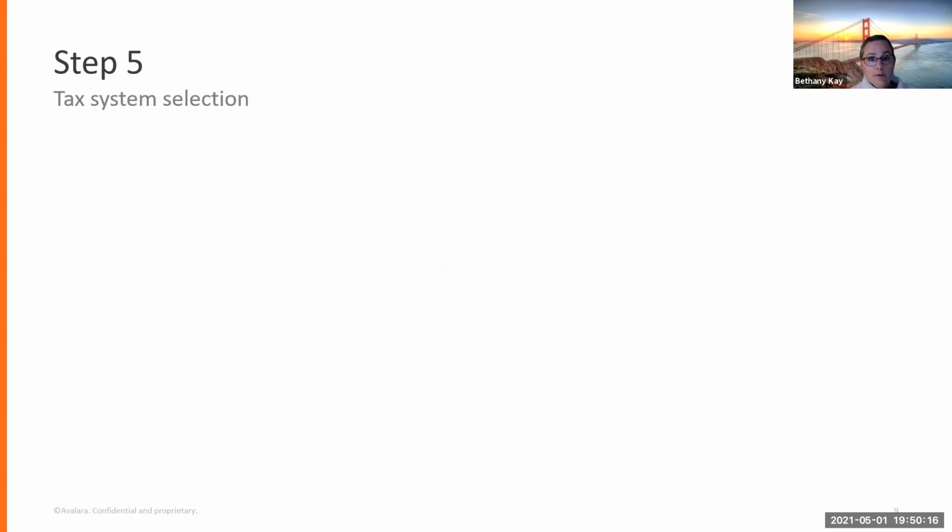Okay, step 5 is your tax system selection process. Before you sit down for a software demo, document what your current process is and what the cost is. You want to estimate the cost of doing business today with those liabilities sitting on the books.